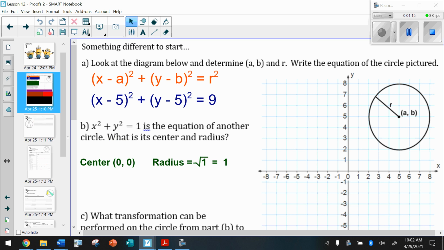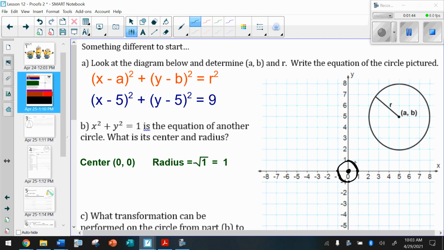So now we're going to look at the transformation that would move the circle with a radius of 1 centered at 0, 0 to the location of the circle that's in your picture. So any standard basic circle centered at the origin, radius of 1, looks something like that.